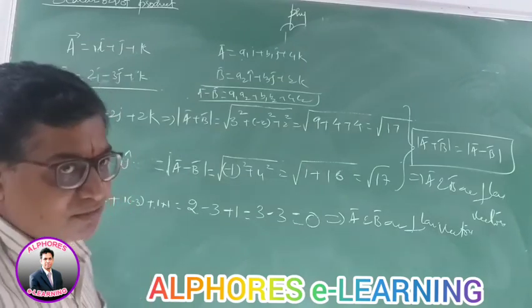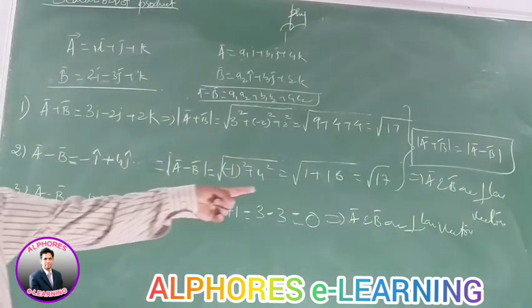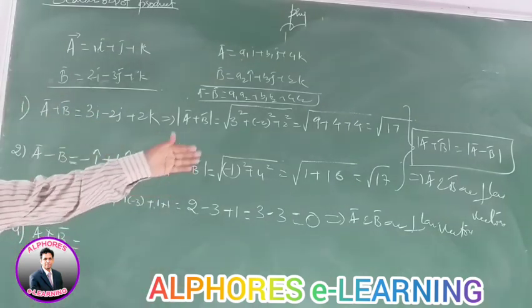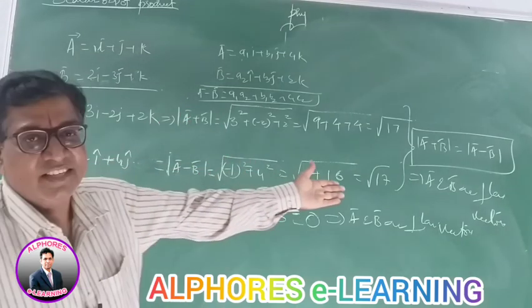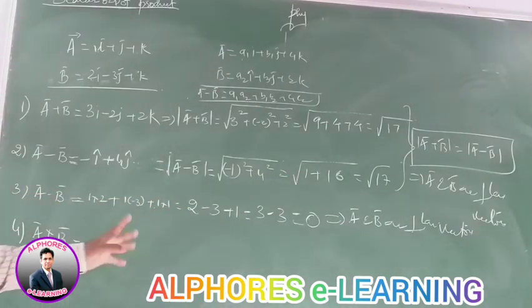So a combination where the magnitudes of a plus b and a minus b are equal shows that they are perpendicular, and it is proved because the dot product has come out to be 0.